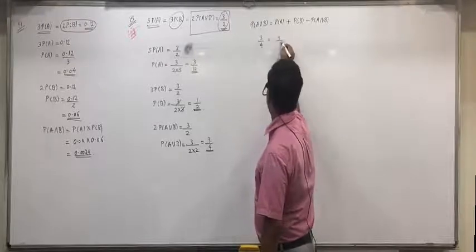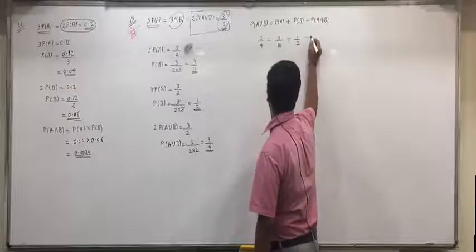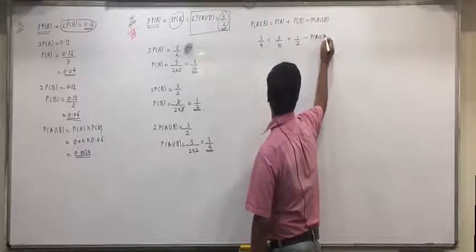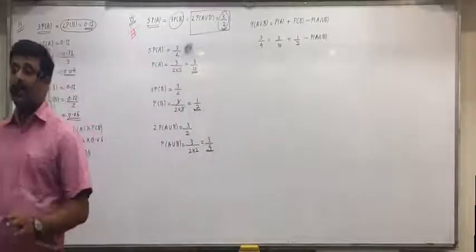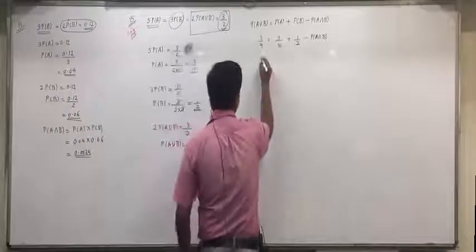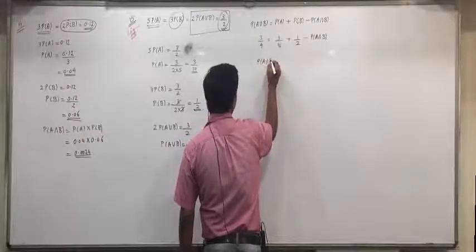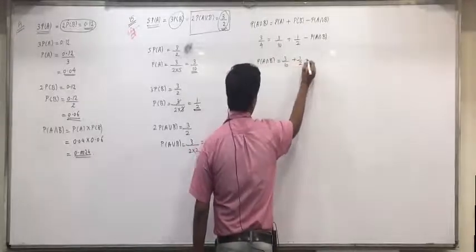P(A) we obtained 3 by 10. P(B) we obtained 1 by 2, minus P(A intersection B). Can we find A intersection B? Minus P(A intersection B) on the left side will become plus, and 3 by 4 on the right side will become minus.